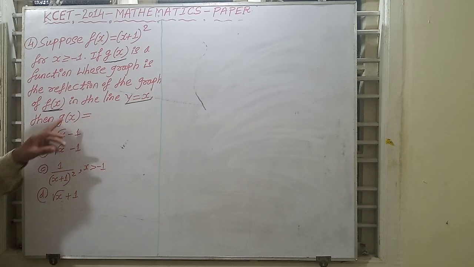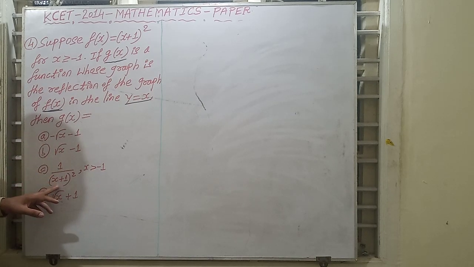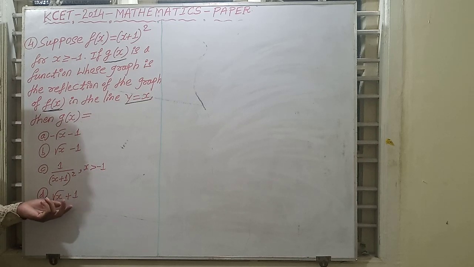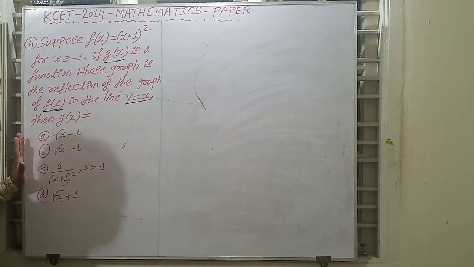The first option: g of x may be minus root x minus 1, maybe root x minus 1, maybe 1 divided by (x plus 1) whole square, or root x plus 1. So let us check which of the options is correct.